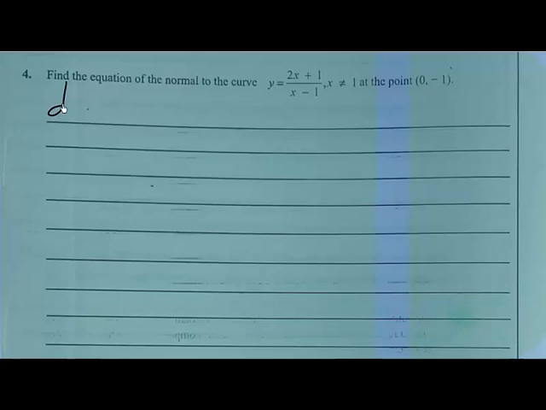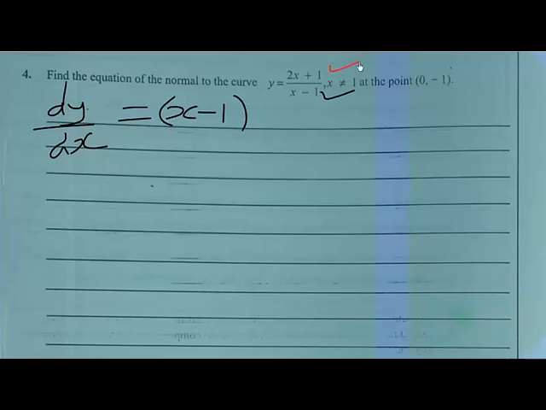So we have dy dx is equal to v, which is x minus 1, times du dx.